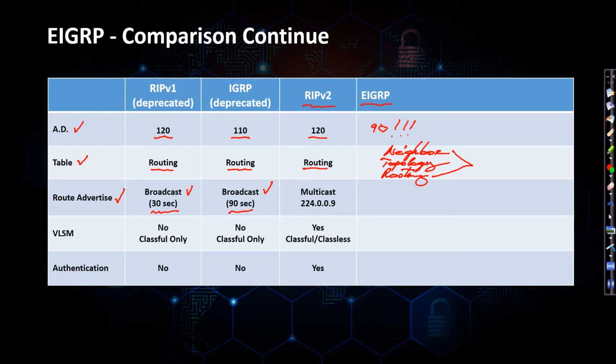The second is the slow convergence. Imagine if you have router 1 here connecting to router 2, where router 2 is connecting to router 3 and so on. When a new network has just come up on router 1, it depends on when it came up.